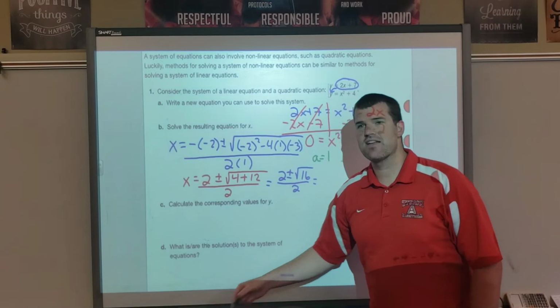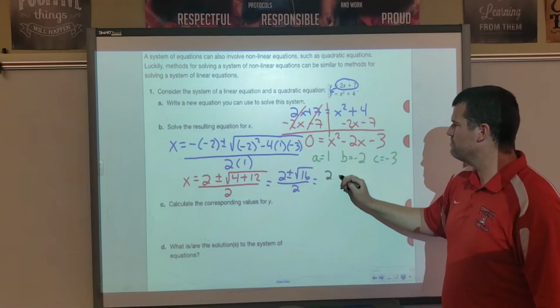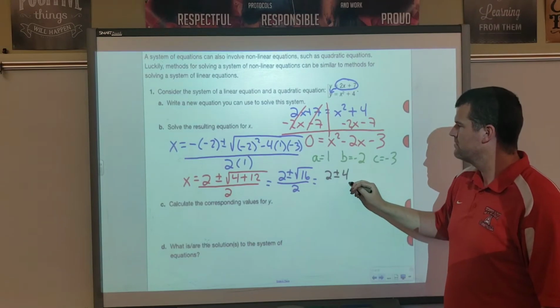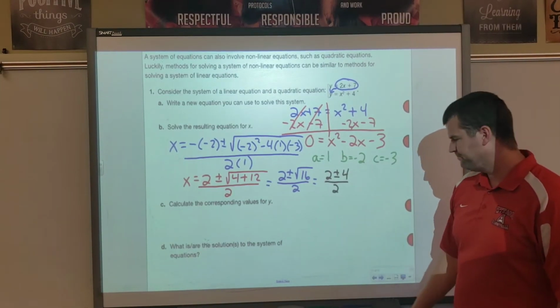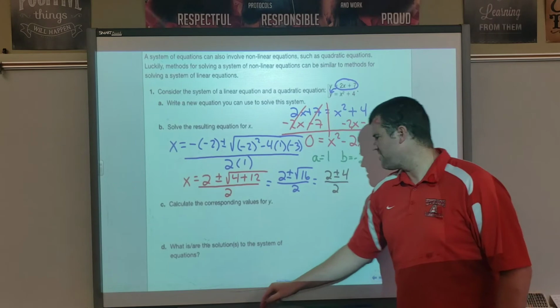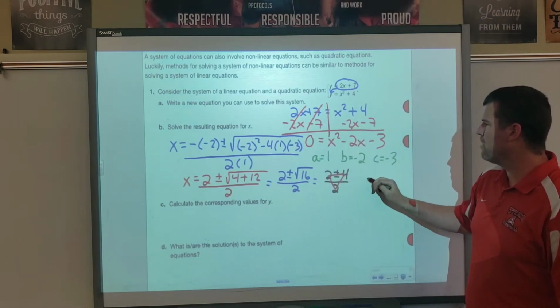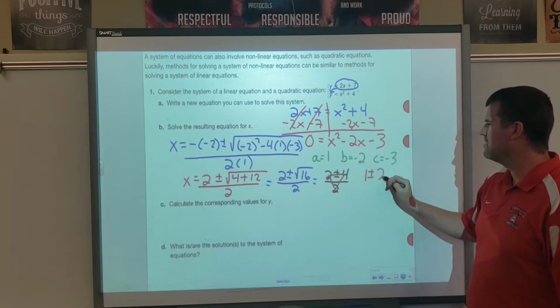Square root of 16 is a perfect square, so we get 2 plus or minus 4 over 2. And then we can use our Dorito chip, divide each of those by 2, and we get 1 plus or minus 2.